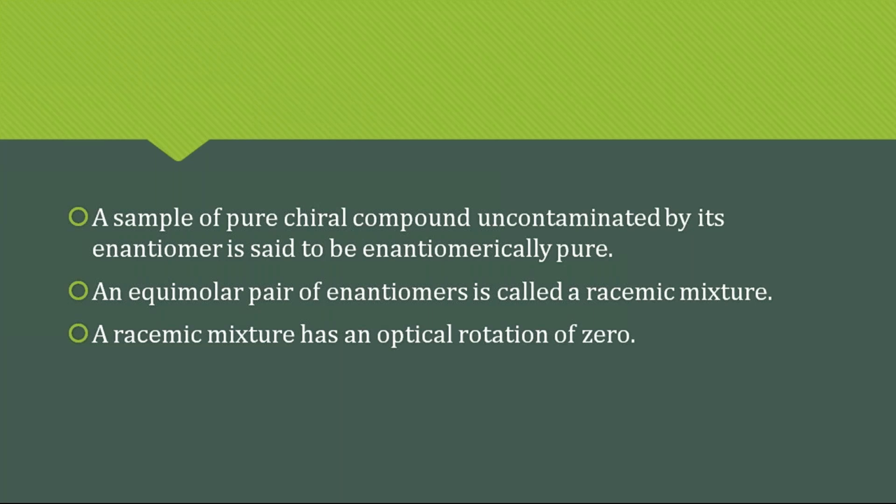A sample of pure chiral compound uncontaminated by its enantiomer is said to be enantiomerically pure. An equimolar pair of enantiomers is termed a racemic mixture. A racemic mixture has an optical rotation of 0.